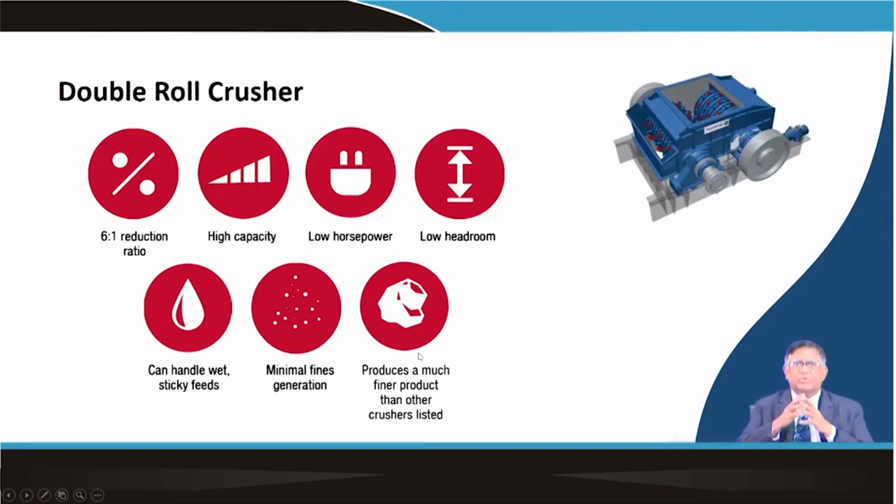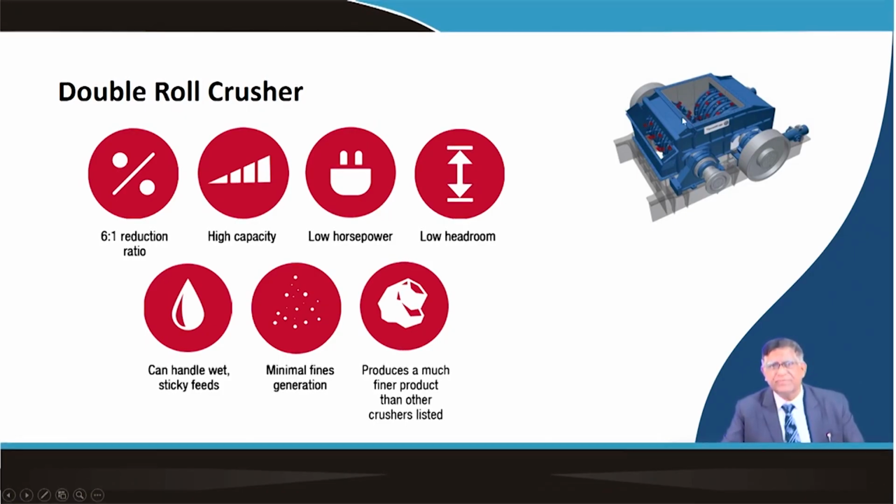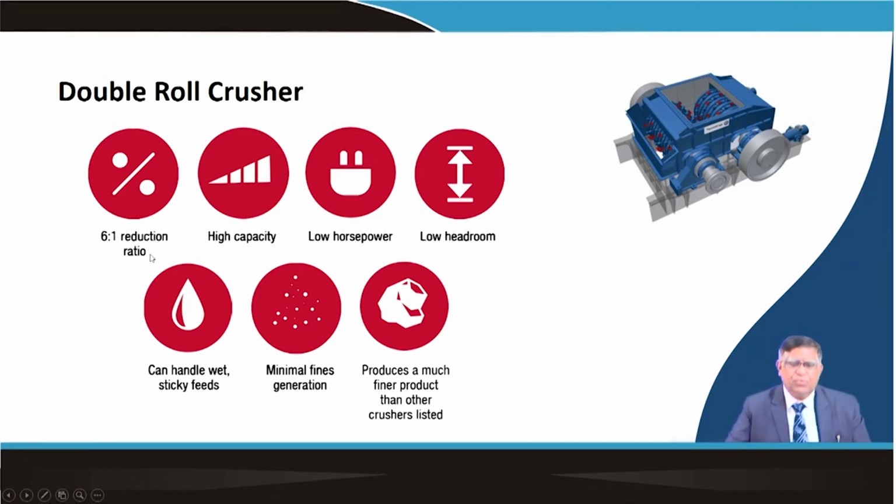The most common type used is the double roll crusher. In this double roll, you can see the rolls may have teeth, but if the coal is very soft, you do not need the teeth, and only these two rolls will be moving. They can get up to a 6:1 reduction ratio. Their production capacity can be moderately high, and the energy required is less.